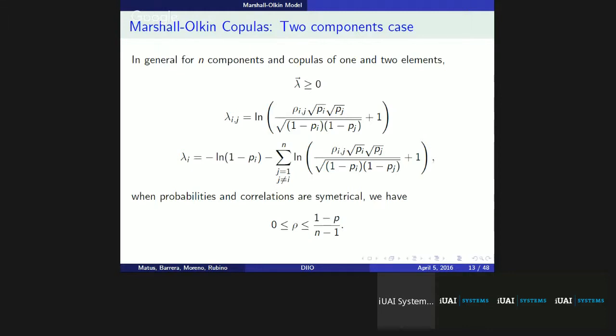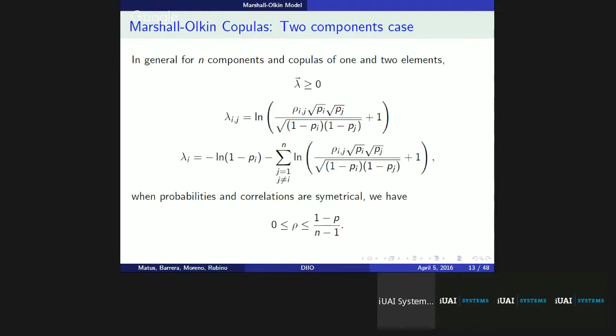The correlation is between 0 and that expression, and that expression is very restricted because you see that the p is always on the order of 10 to the minus 4, minus 5. That is like 1, and that is like n. And if I have 50 components, there is a problem because the rho cannot take very high values.